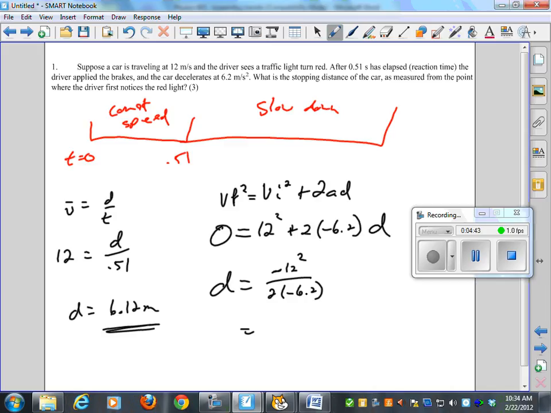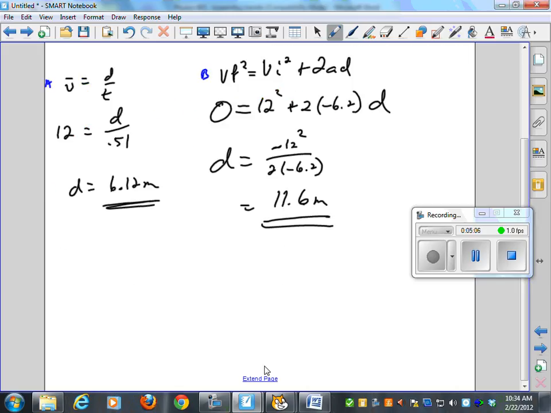And you should get a distance of 11.6 meters. 11.6 meters is the distance during the slow down phase. This is like distance A, distance B, right? So what is the total distance? Just add them together, giving us a total distance of 17.73 meters.